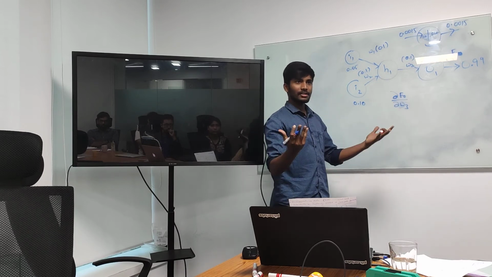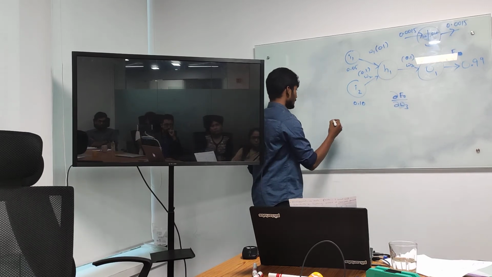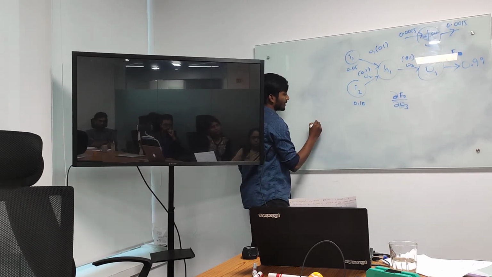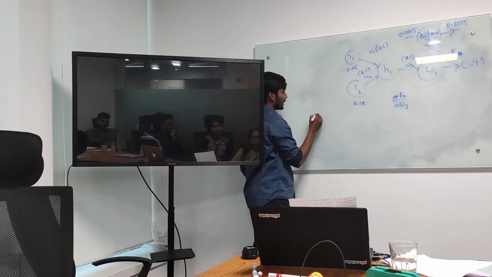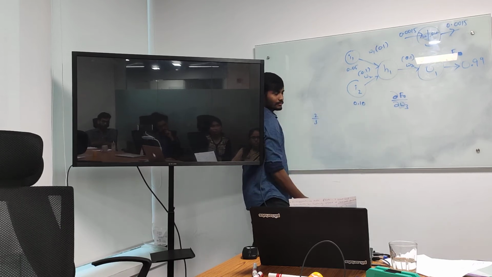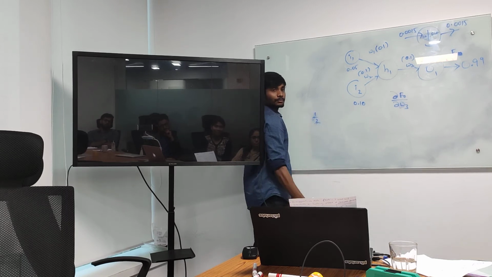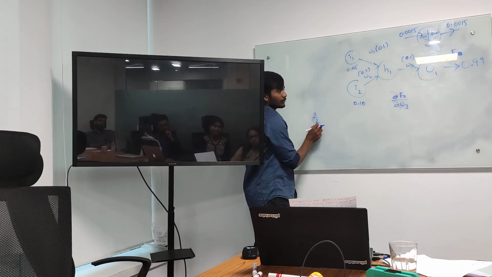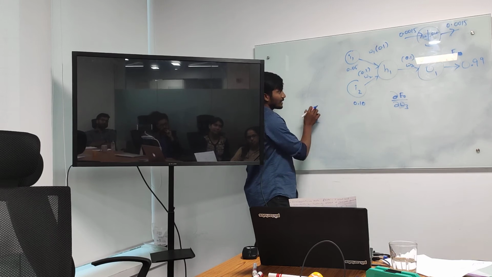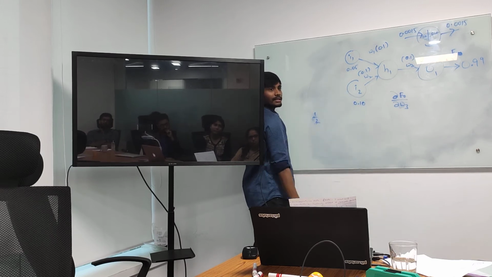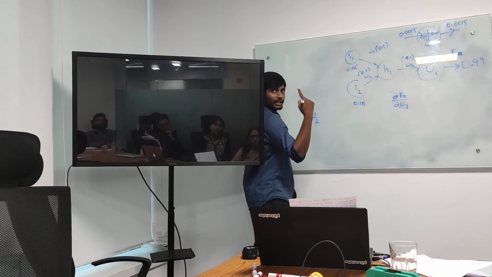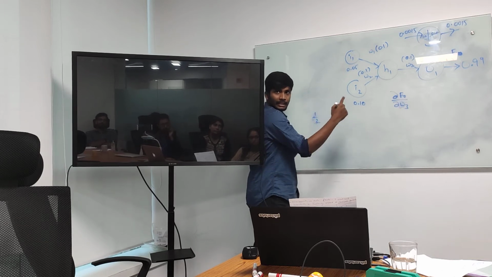Say if I change my weight by 3 units and finally get something like 1 by 2, easy, 1 by 2. So if I change my W2 or W3 by 2 units, my E0 changes by 1 unit. Everybody following it?